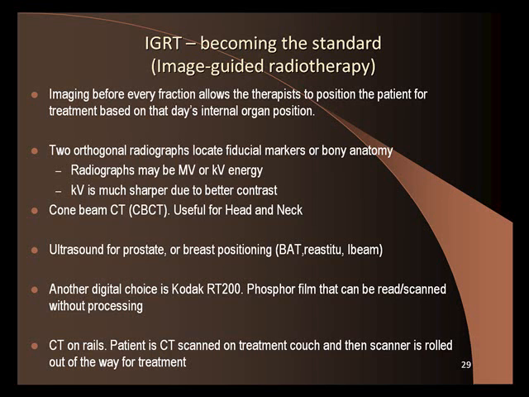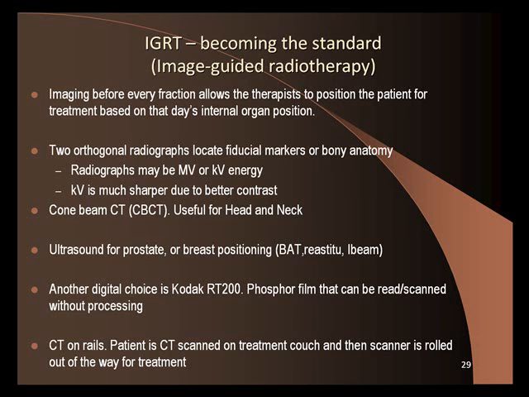Okay? Or we can also do cone beam CT. Cone beam CT is what you're doing is, instead of taking an AP and a lateral radiograph, you're rotating the imager all the way around the patient, and you're getting a CT scan every day with the treatment machine. Okay, remember, this is when the patient is on the table, every fraction, and you're imaging the patient.